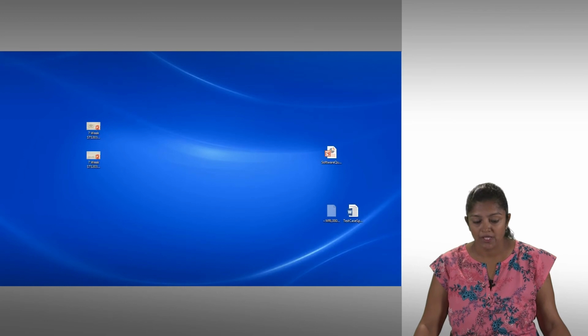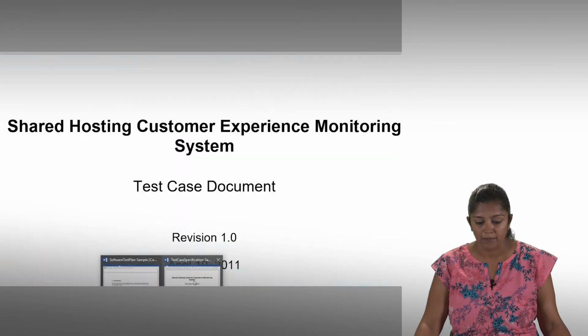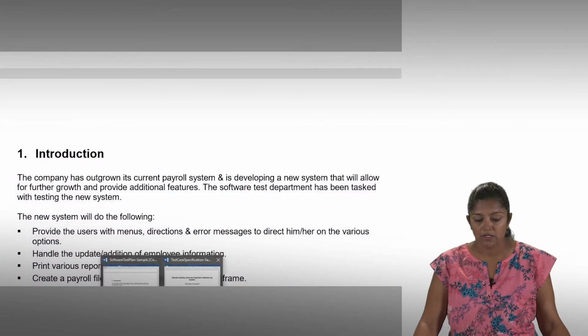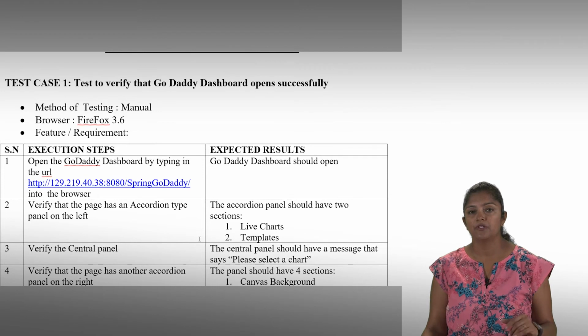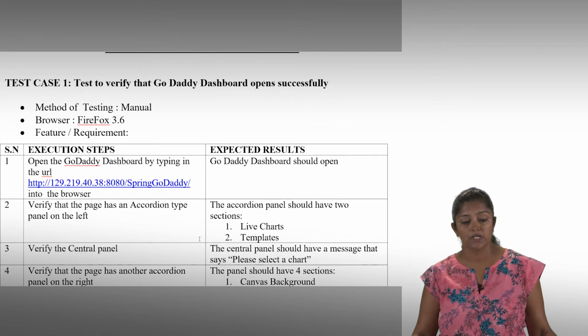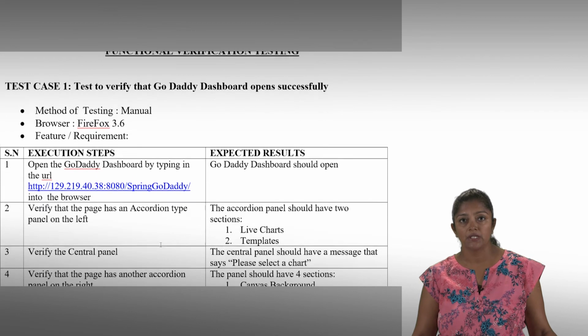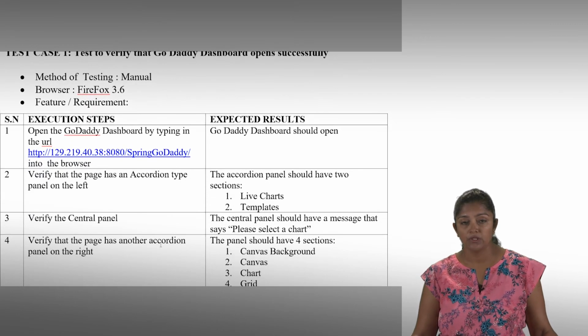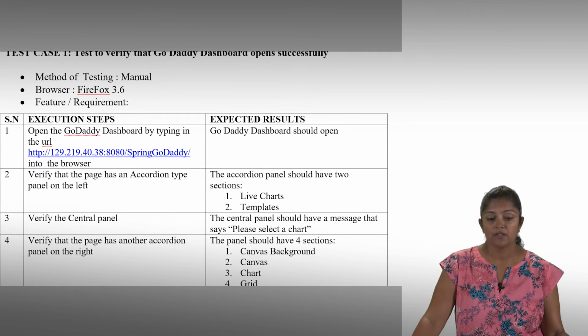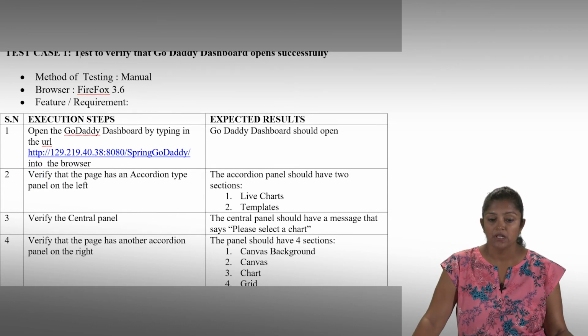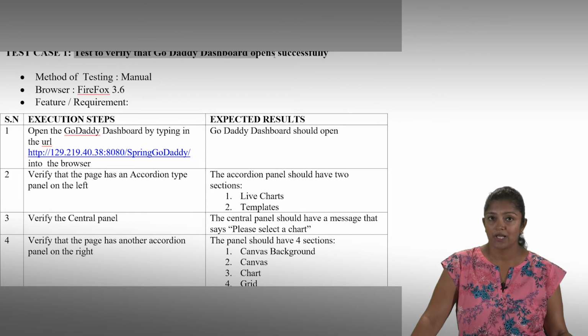So let me show you an example of a test case, how test cases look. It can be a separate document, but it's ideal if you just include these test cases also into the test plan. So if you're doing an overall system testing, and especially if it's manual, if you're dealing with user interfaces, test cases can be defined in this manner, where you have your first test case, a brief description of which functionality it is testing, the method of testing.